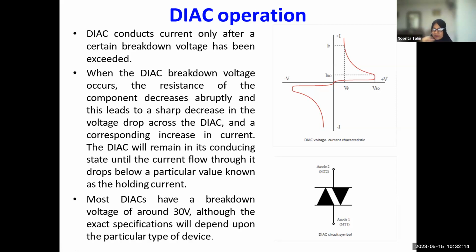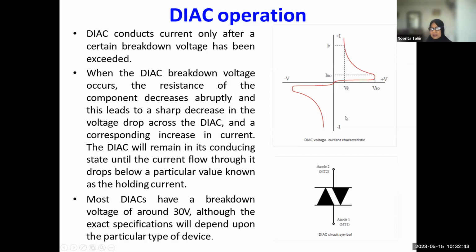As the behavior of the device is approximately equal in both directions, it can provide a method of equal switching for both halves of the AC cycle. Most diacs have a breakdown voltage of around 30 volts. That is some general info for you, although the exact specification normally depends on the particular type of device.